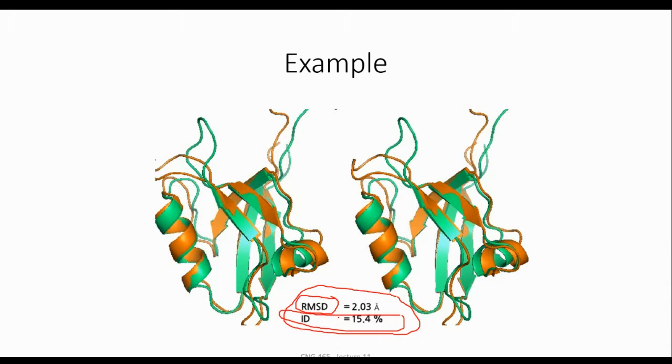But in another case, you could see very high similarity between primary structures, but the 3D structures are very different from one another. That's why both of them are very important in order to give us ideas of what's going on.